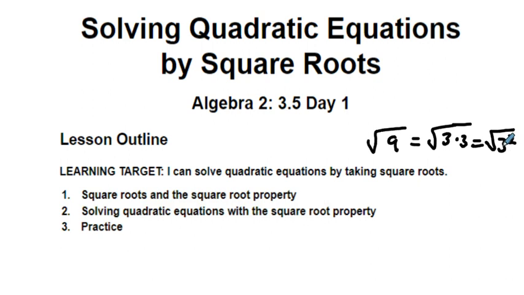So the square root of anything squared is just that thing, right? Because the square root is what number do you multiply by itself to get that.